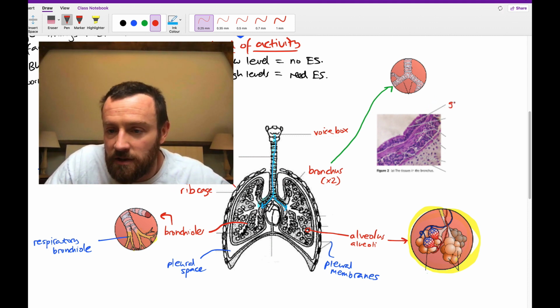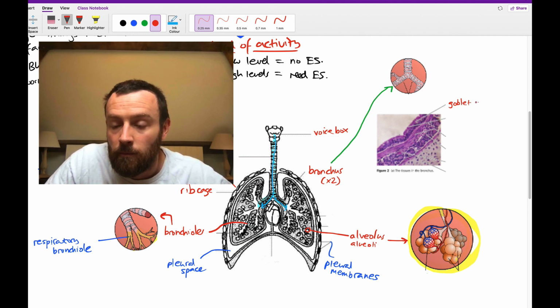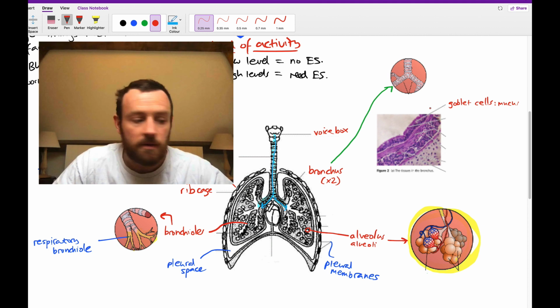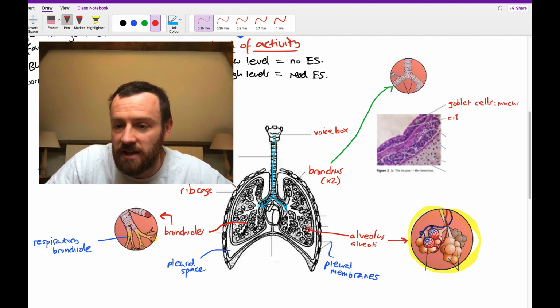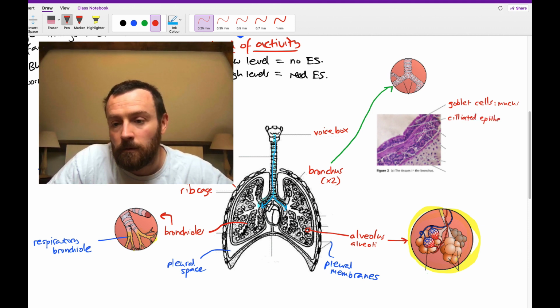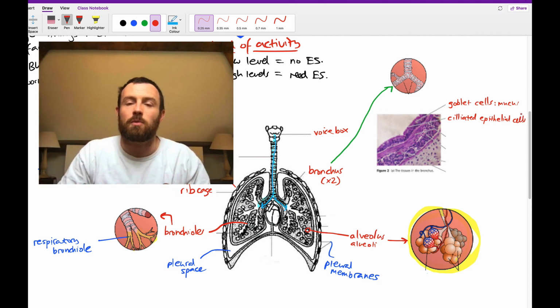There are goblet cells there. And they secrete mucus, okay? And next to the goblet cells, working in tandem with them, are ciliated epithelial cells. Which, remember, have cilia that can move.